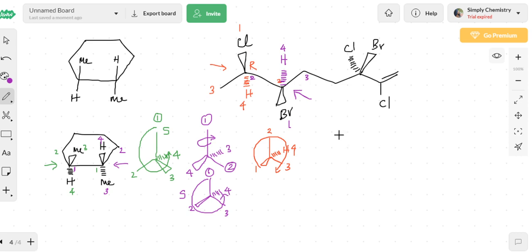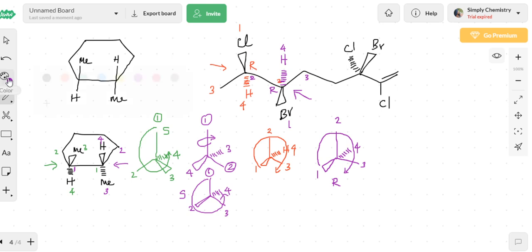If you do it, again the 2 is going to be on the top, this is going to be onto your left side, and 3 is going to be your right side, and the 4 is projected behind. So now if again you assign the configuration, it goes 1, 2, 3 as 4 is behind, so it is R again. So the second chiral carbon is also R.